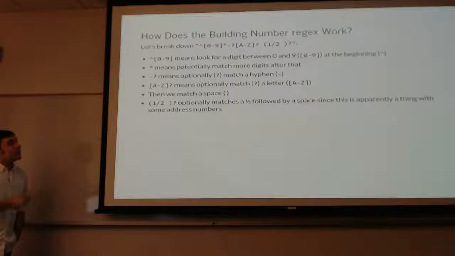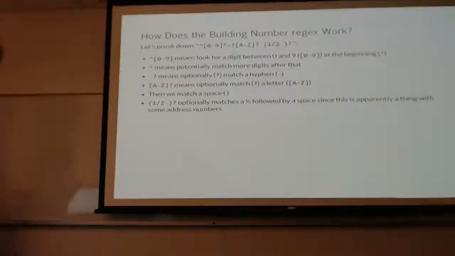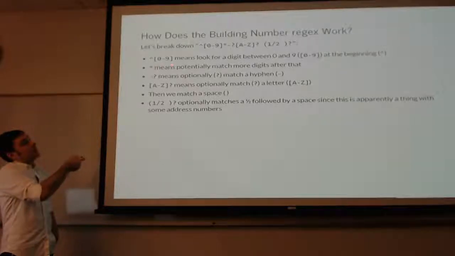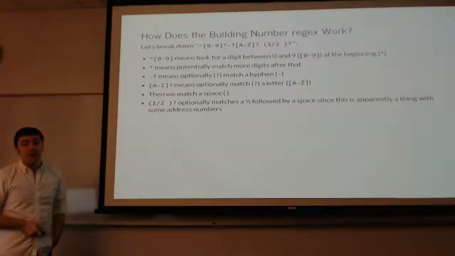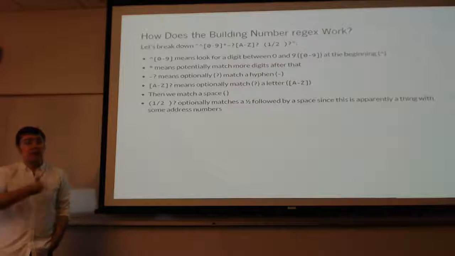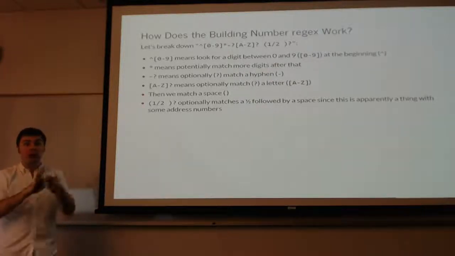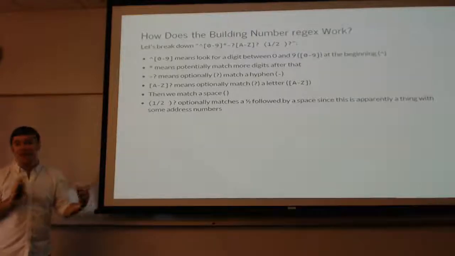So, caret bracket 0 through 9 means look for a digit between 0 and 9 at the beginning of the string. Asterisk means match multiple ones. So that will look for any number of digits in a row, so long as they are numeric digits, it will match any number of them at the beginning of the string.